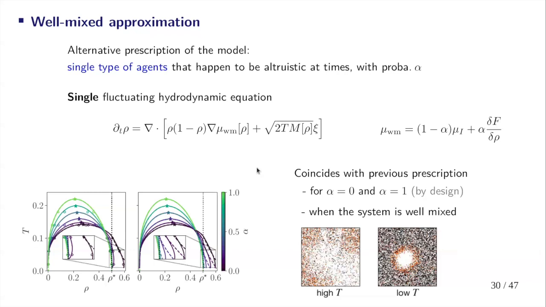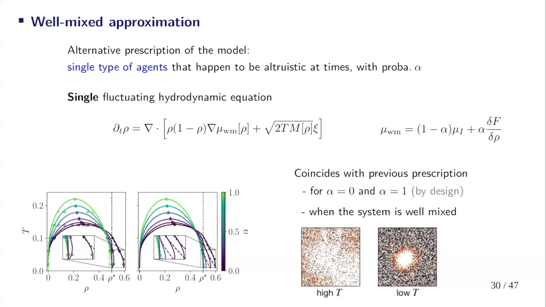Okay, and this works tremendously well, of course at 0 and 1 by construction, and where the system is well mixed, meaning that at the edge of the binodal, if you go above the binodal, the system is anyway in one phase, and so it's well mixed by construction.